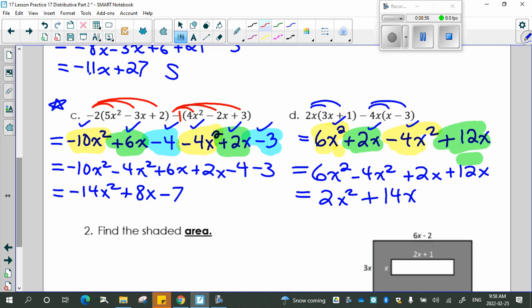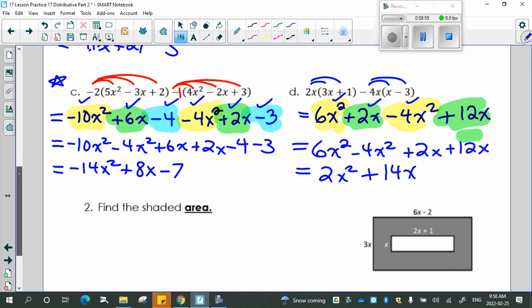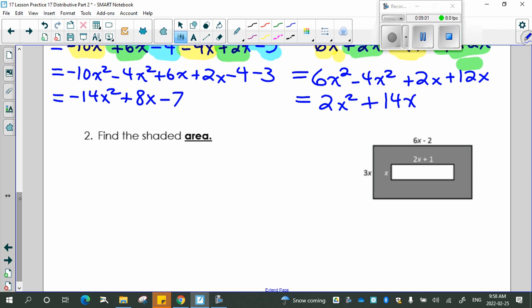All right, we've got a little bit of a puzzler here. So look it over and see if you could come up with a plan in your head of how you could find just the area that's shaded.